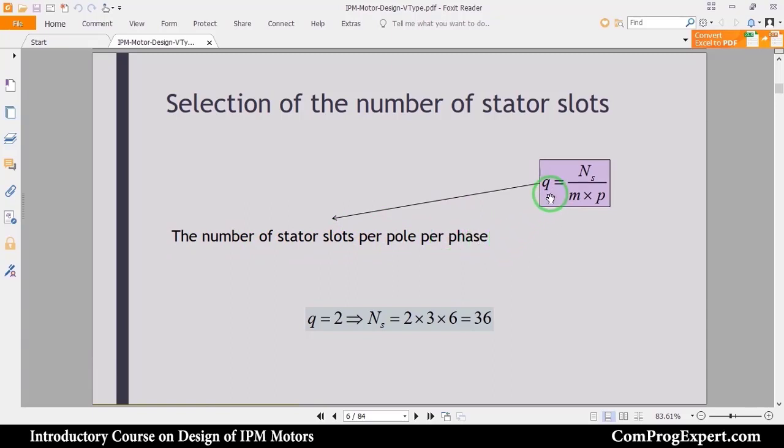So when Q is an integer number, we have integral winding. The winding is called integral winding. And when Q is a float number, we have fractional winding.